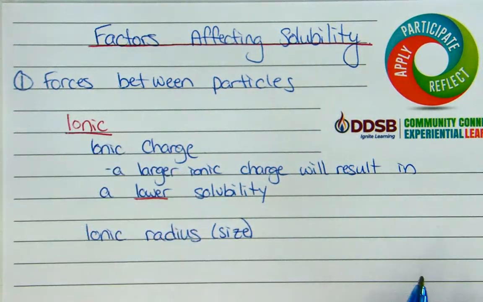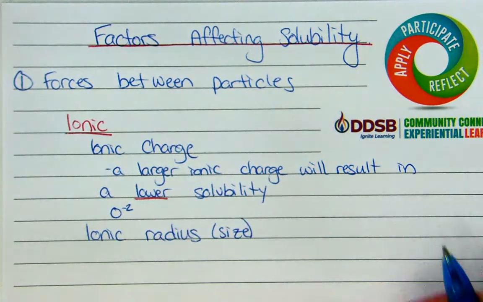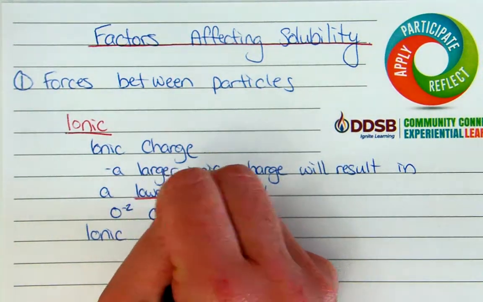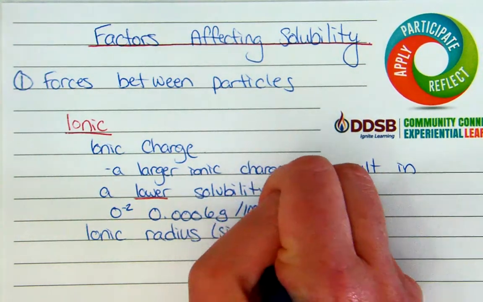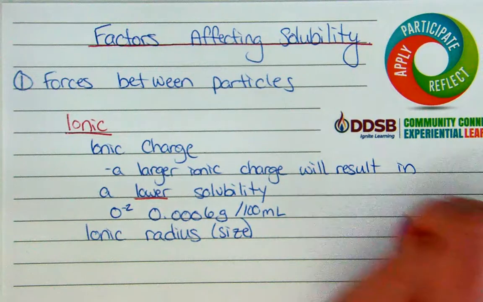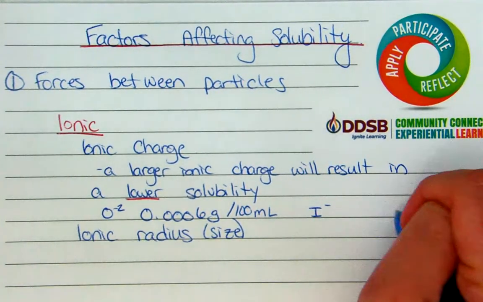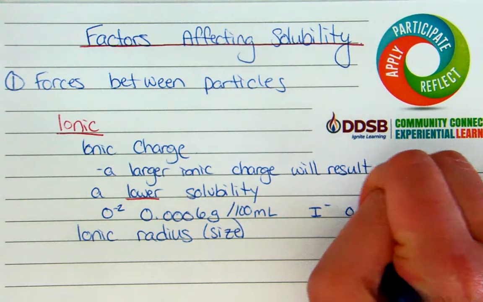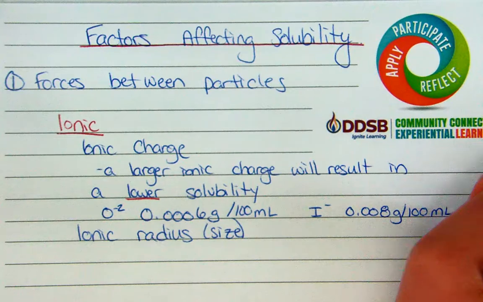For example, if we look at a solubility of an oxygen ion, it has a solubility of 0.0006 grams per 100 milliliters at room temperature. If we look at the solubility of an iodine ion, we see that it has a solubility of 0.008 grams per 100 milliliters at the same temperature.